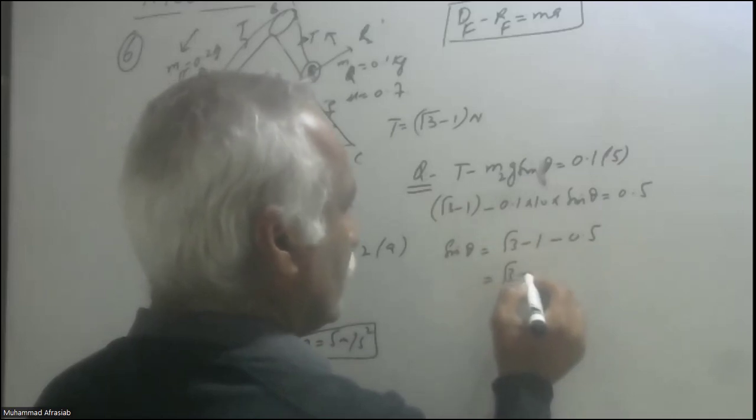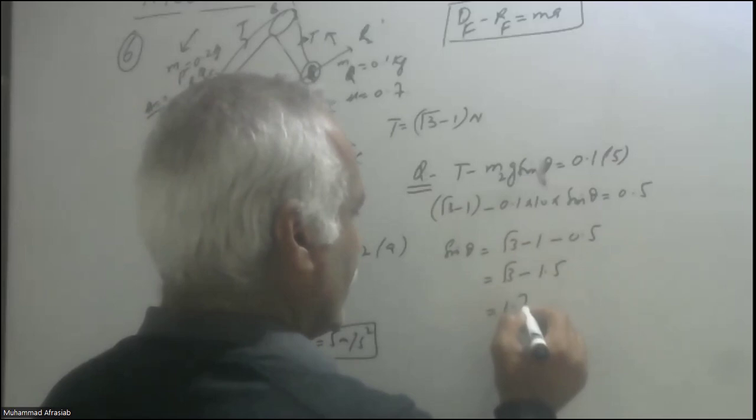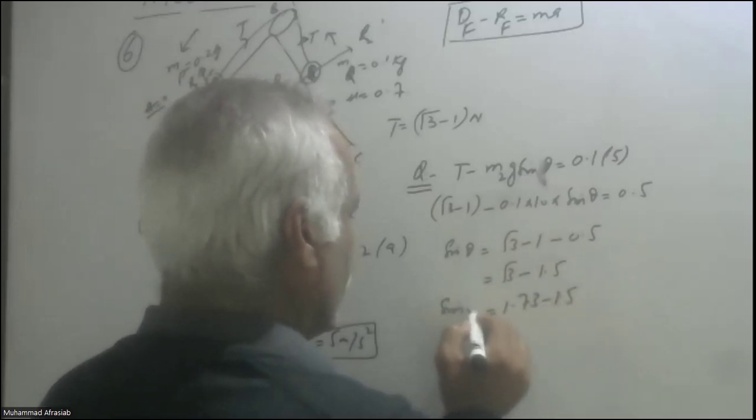That is equal to root 3 minus 1.5. 1.73 minus 1.5 is equal to sine theta.